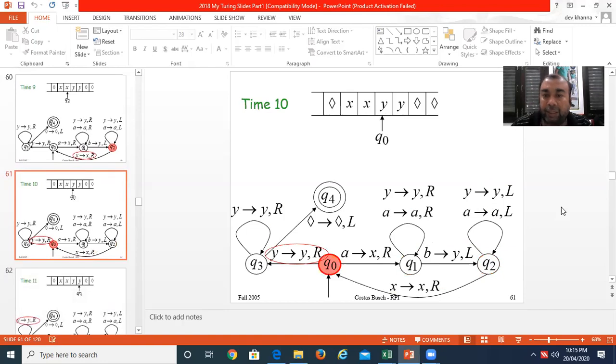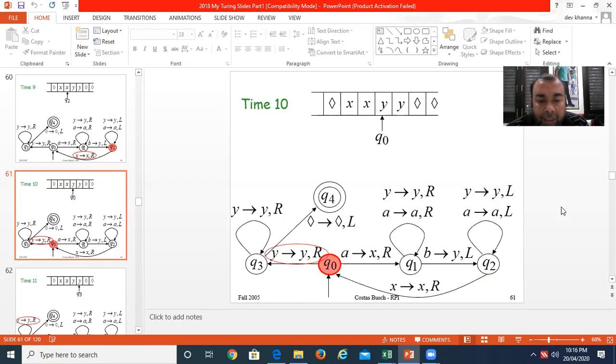As soon as you take a right turn, if you are not able to find A and you are able to find Y, it means you have cut equal number of A's followed by equal number of B's. Or what we can say, you have converted all the A's into X and all the B's into Y. So that is why you switch from Q0 to Q3.